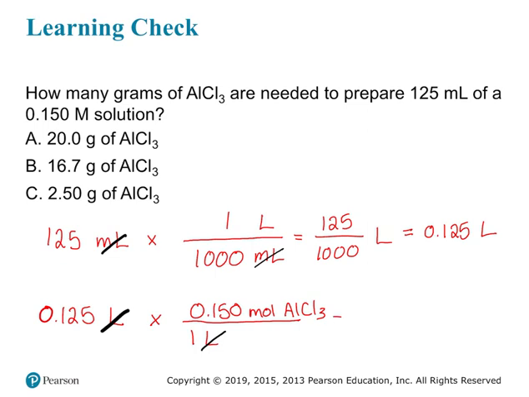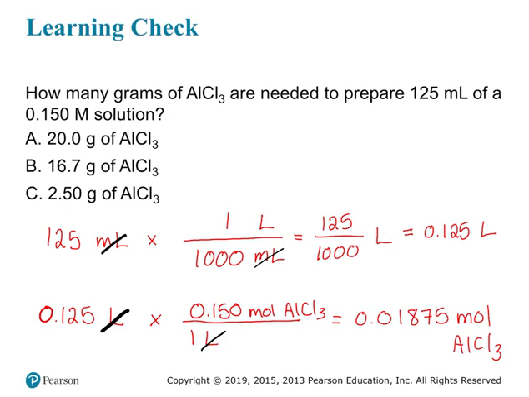In this one, I am going to use my calculator. So 0.125 times 0.15. I get 0.01875 moles of aluminum chloride. So that's how many moles of aluminum chloride we want to add to our solution.